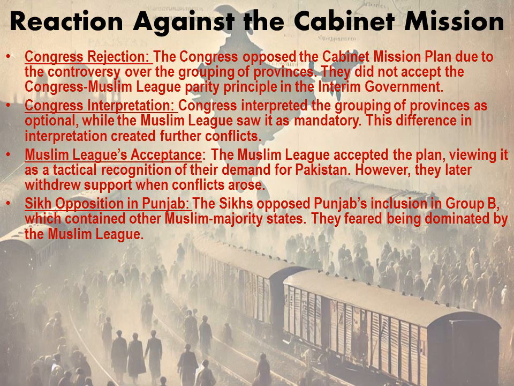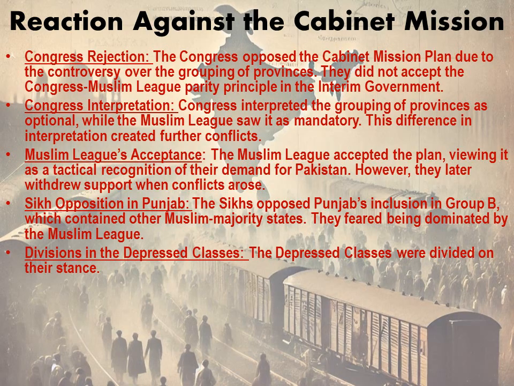And it is true that later on the Pakistan half of Punjab does not have any Sikh. All their population decreased. So their fear eventually proved to be true today when we see that the area of Pakistan almost does not have any minority religion. So Sikhs opposed the inclusion of Punjab in Group B, which had maximum Muslim majority provinces.